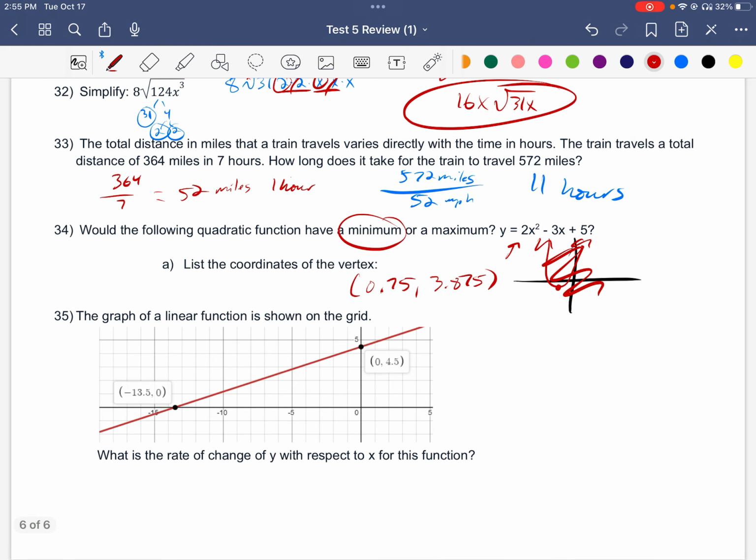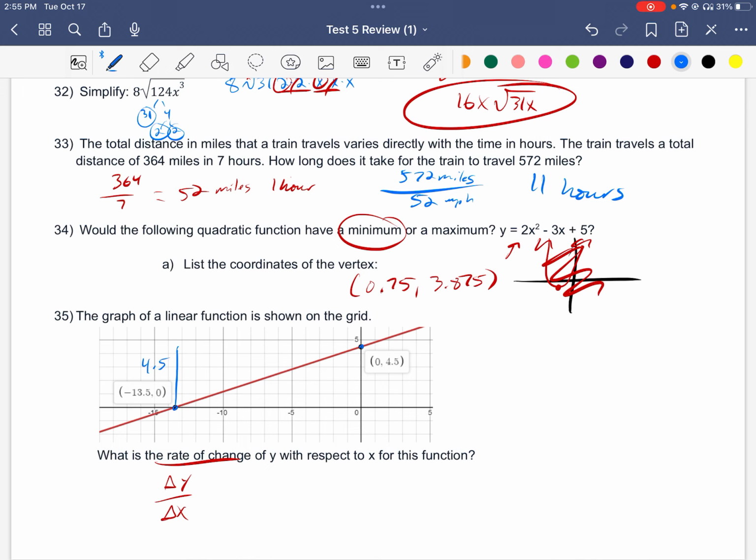35, last one. The graph of the linear function is shown. What is the rate of change of y with respect to x? So it's just asking for the rate of change in y divided by change in x. So let's see, we'll use the 2 points it's marked here. From there to there, we go up 4.5, because our y value is at 0, we're going to 4.5.